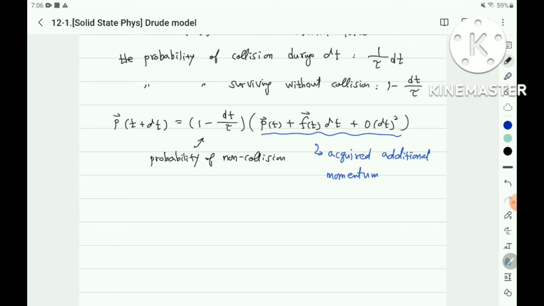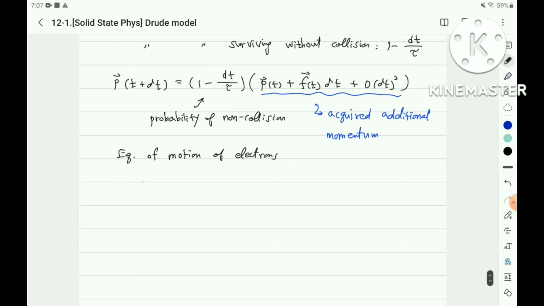and therefore, to solve for the velocity, F equal to ma is the equation of motion of the electron. The scattering or collision can act as a drag force, and therefore F equal to m dv/dt is accelerated by the electric field, and also because of the collision we should think about the drag force.